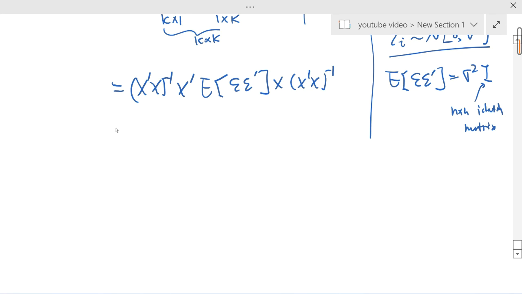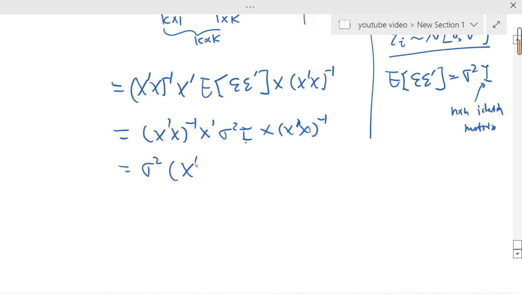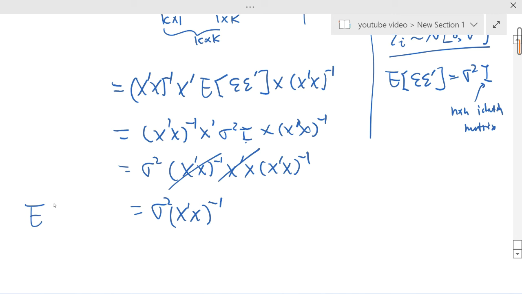Then this variance covariance matrix reduces to: sigma square is a scalar that's moved to the front, I is an identity so it disappears, and this cancels out with this. So we get sigma square X prime X inverse.